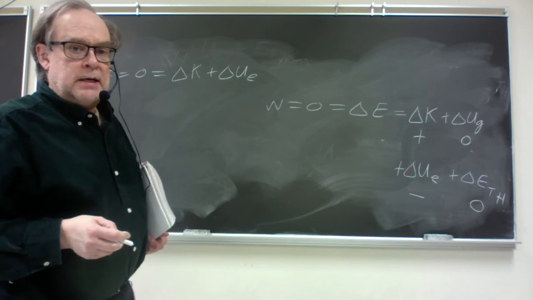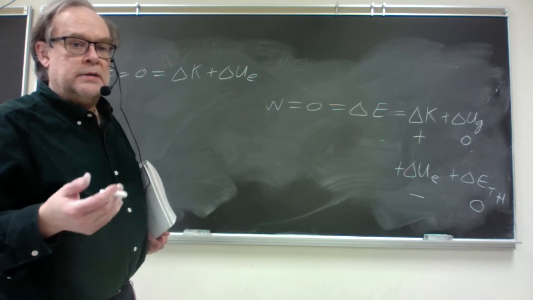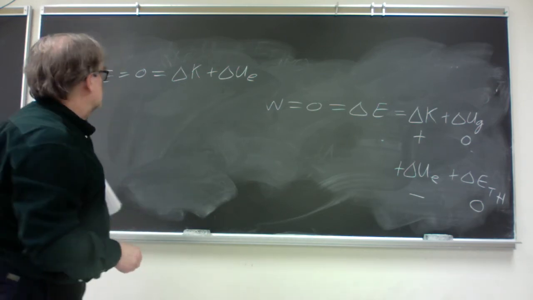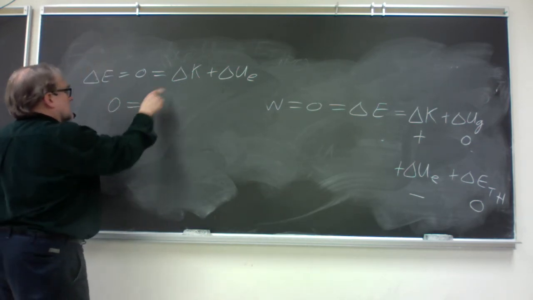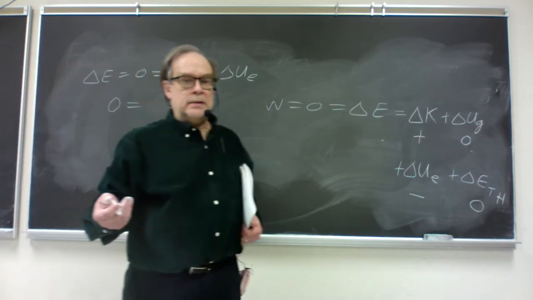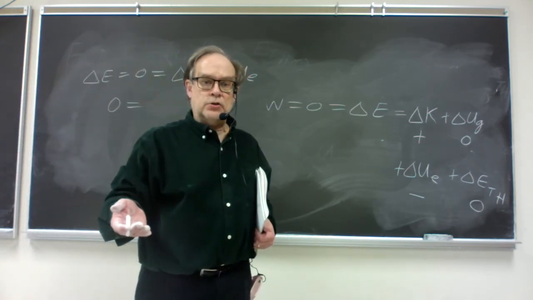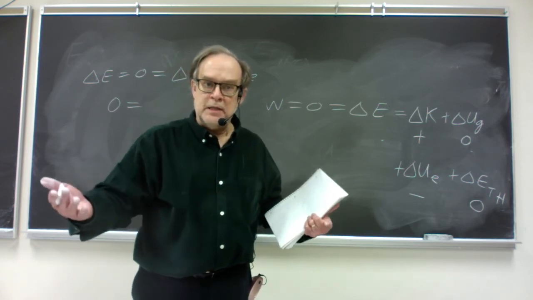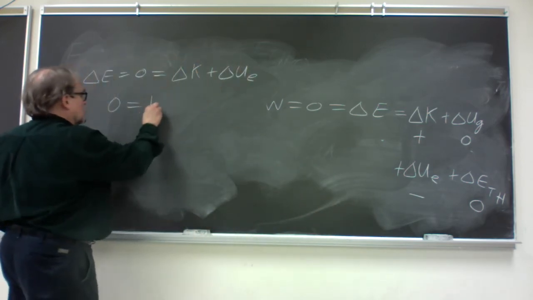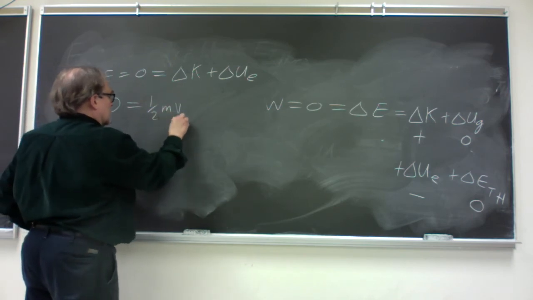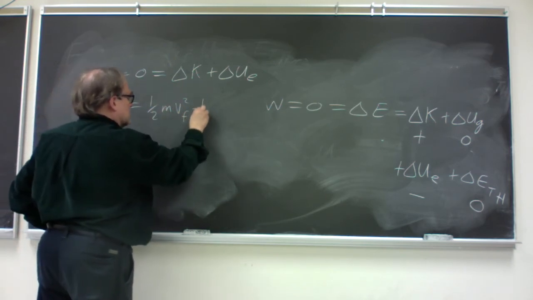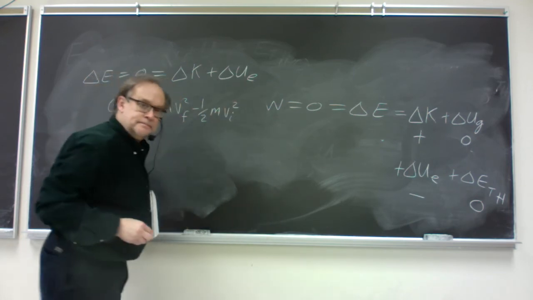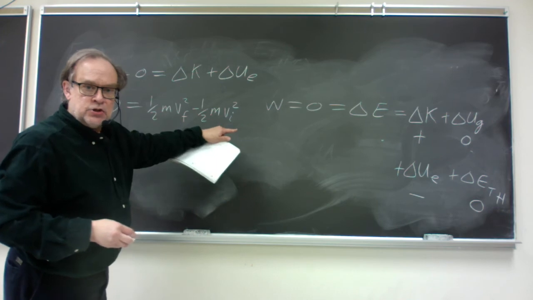And whenever I say write out this equation in detail, what I mean is this. Delta anything is the final value minus the initial value, so write that out in detail in terms of masses and speeds. 1/2 mass final speed squared minus 1/2 mass initial speed squared. Final minus initial kinetic energy.